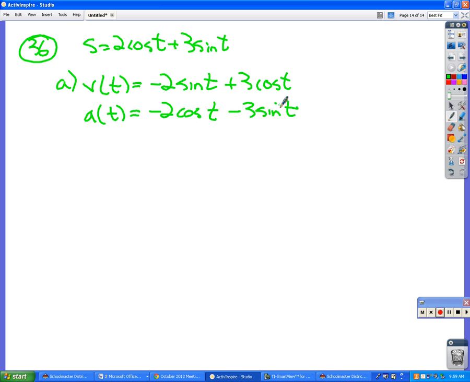All right, so you got that for 36A, right? Okay, graph the velocity and acceleration functions. You can do it on your calculator, it's pretty easy.